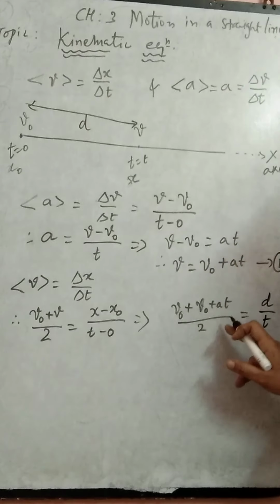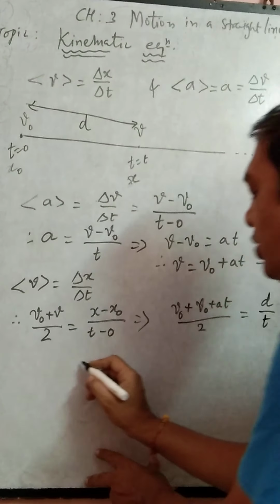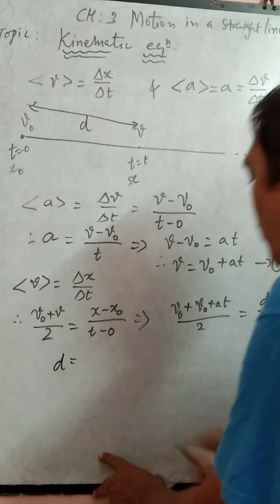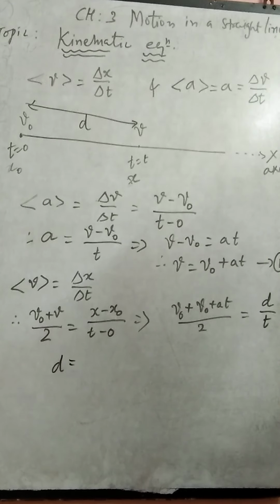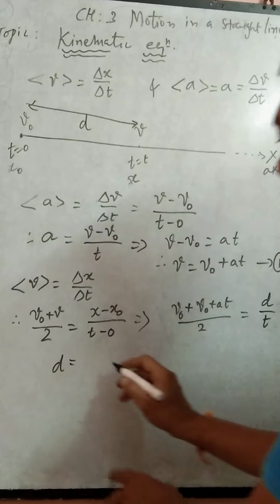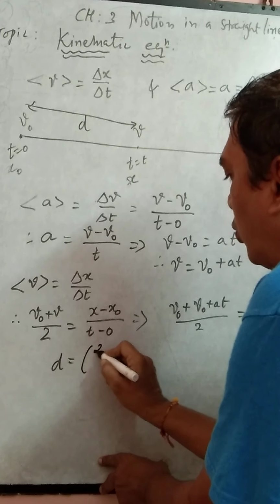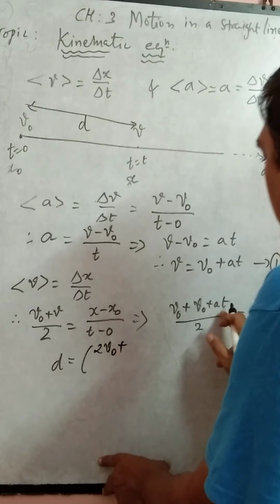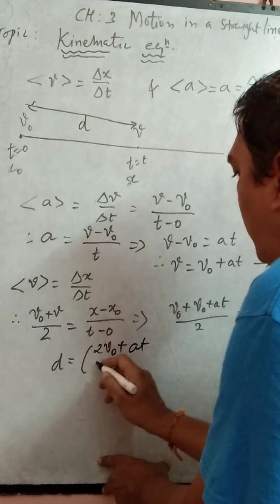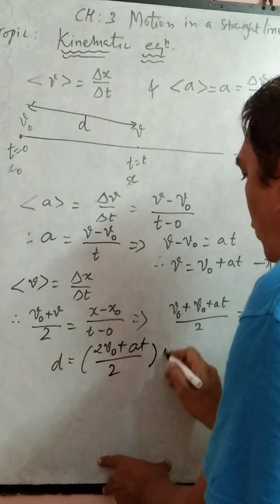From this, by cross multiplication, d equals this time t multiplied with the bracket. v naught plus v naught is equal to 2 v naught. So d equals 2 v naught plus at divided by 2, into t.